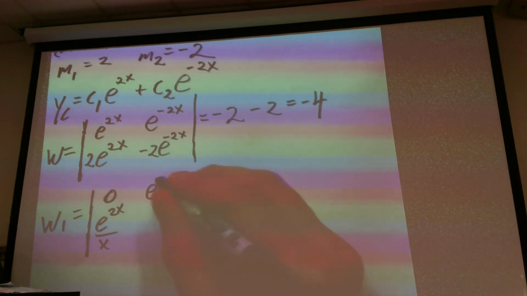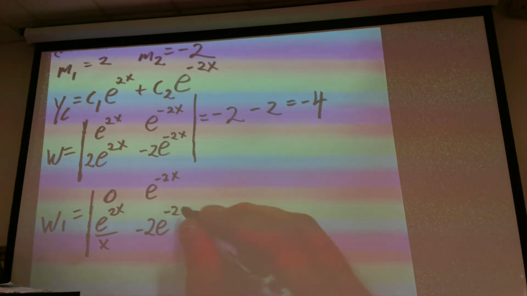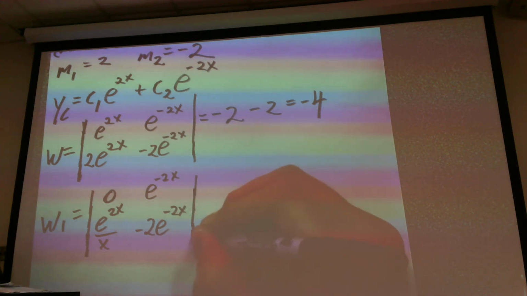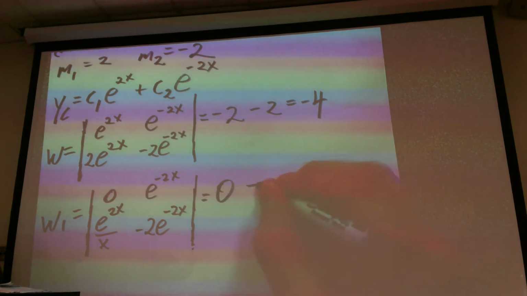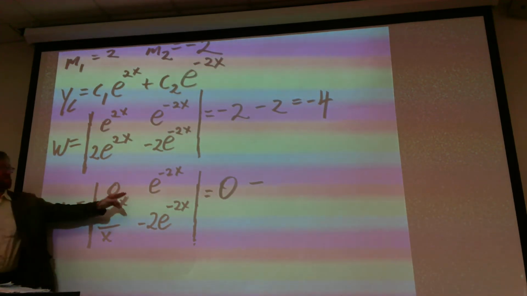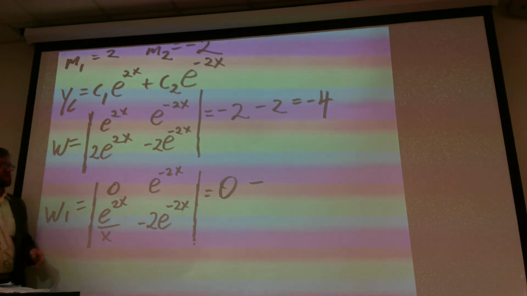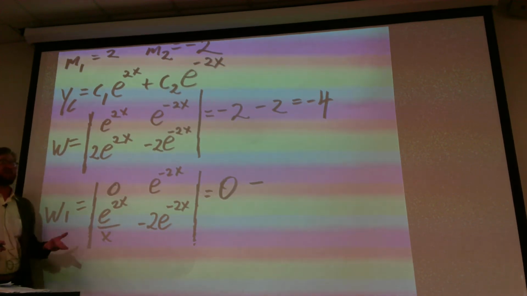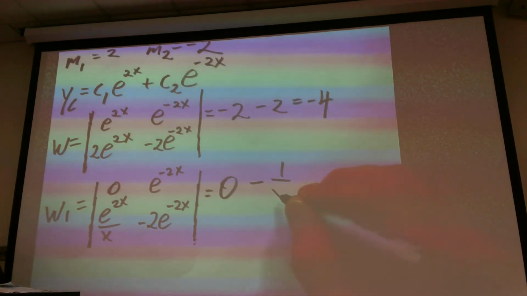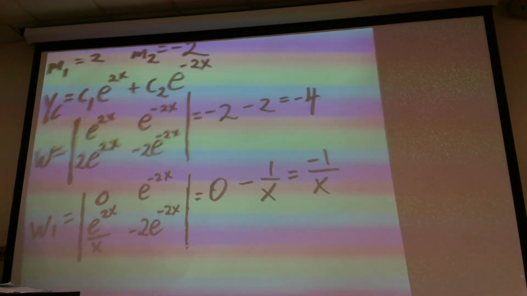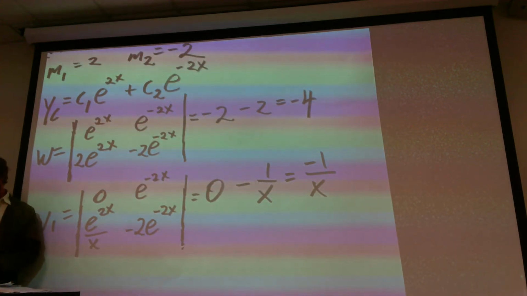We have e to the minus 2x, and negative 2 e to the minus 2x. Then 0, and then minus, this diagonal right there is just 0. And then e to the minus 2x and e to the 2x cancel each other out, and so this is just 1 over x. So that's negative 1 over x.